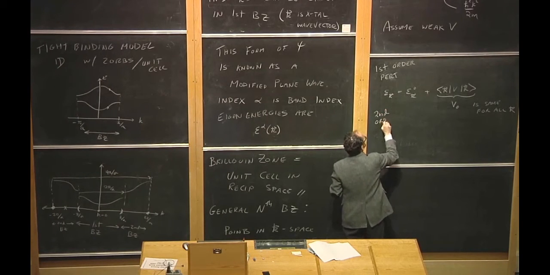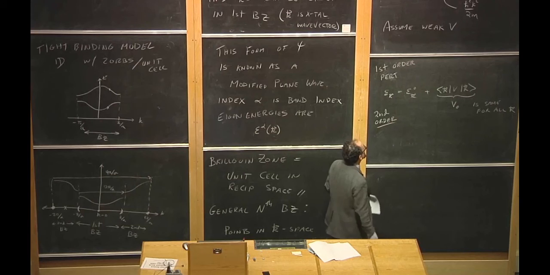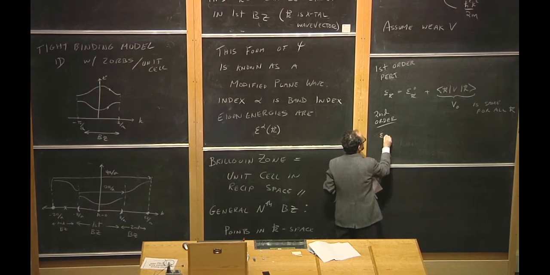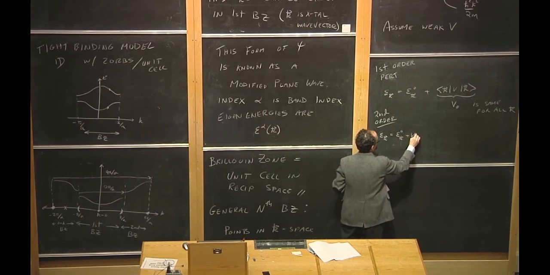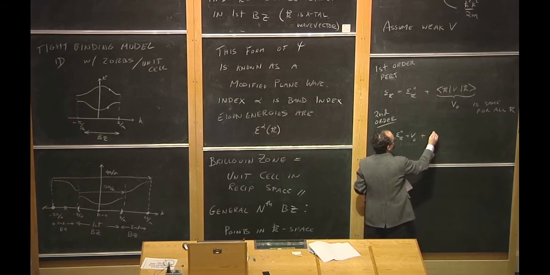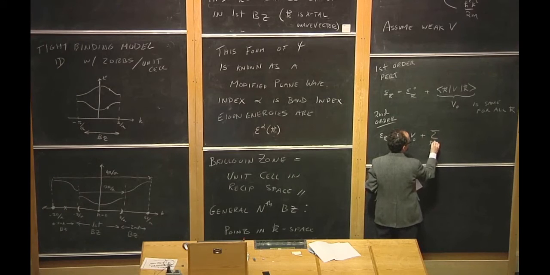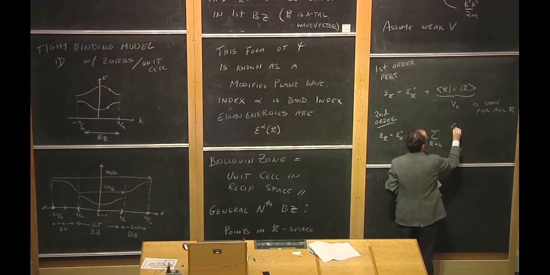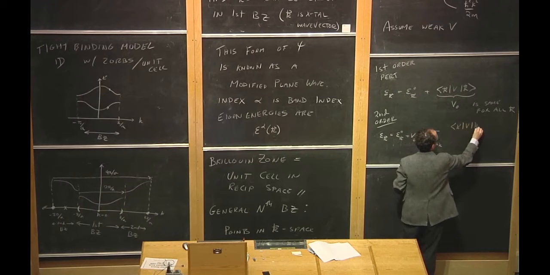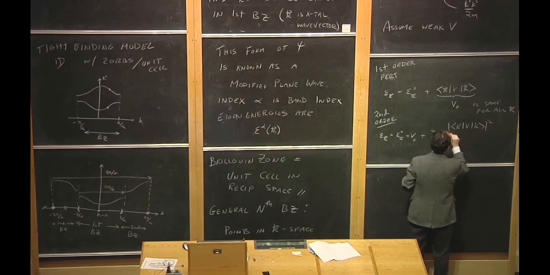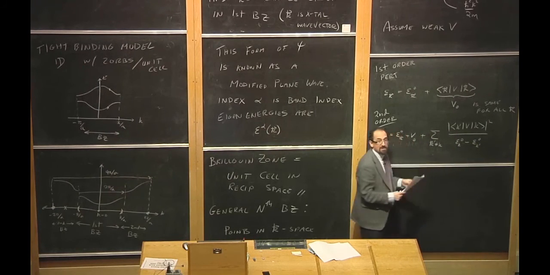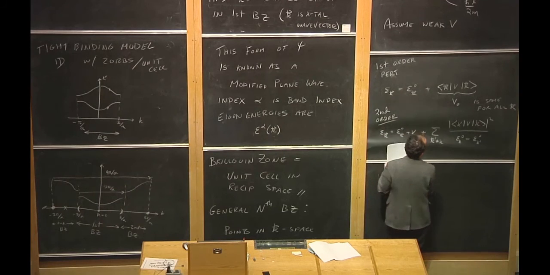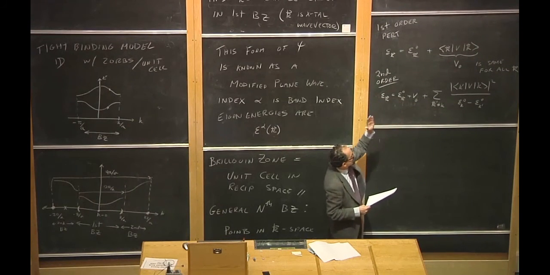So second order is more interesting. At second order, you have Ek equals Ek naught, that's the bare piece, plus V0, that's the first order piece. And then you have the second order piece, which is the sum over k prime not equal to k of the matrix element k prime V k squared over Ek naught minus Ek prime naught. Does that look familiar from second order perturbation theory? Good. Now, what do we know about this second order term?